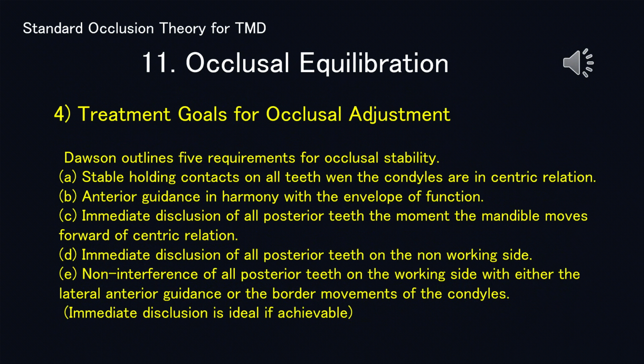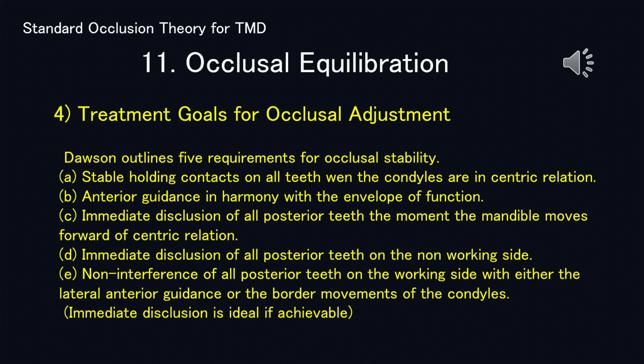4. Treatment goals for occlusal adjustment. Dawson outlines 5 requirements for occlusal stability. A. Stable holding contacts on all teeth when the condyles are in centric relation. B. Anterior guidance in harmony with the envelope of function.